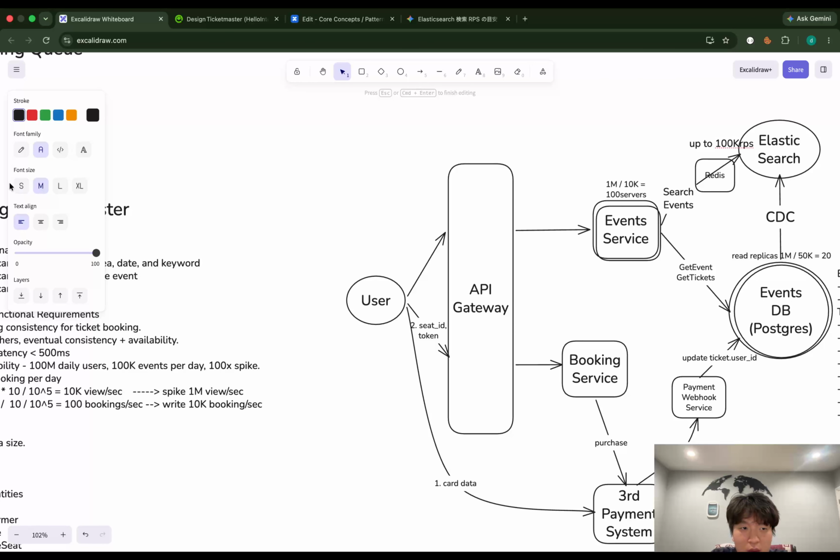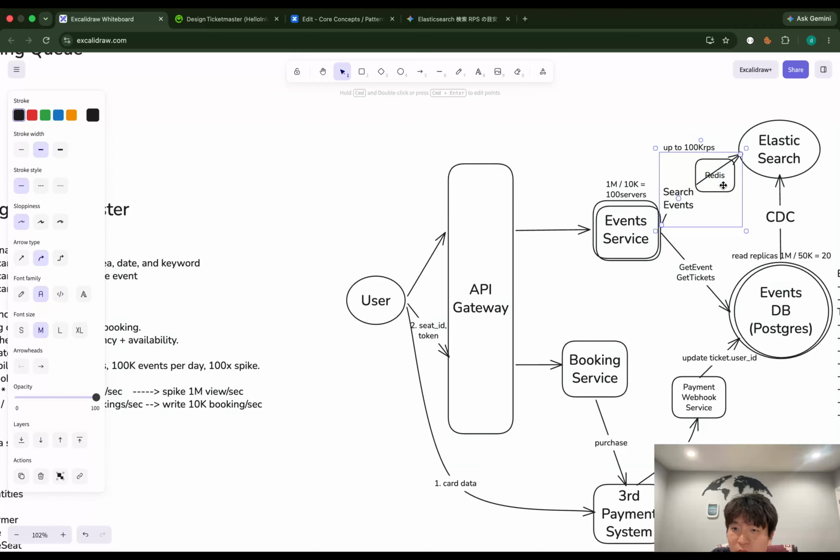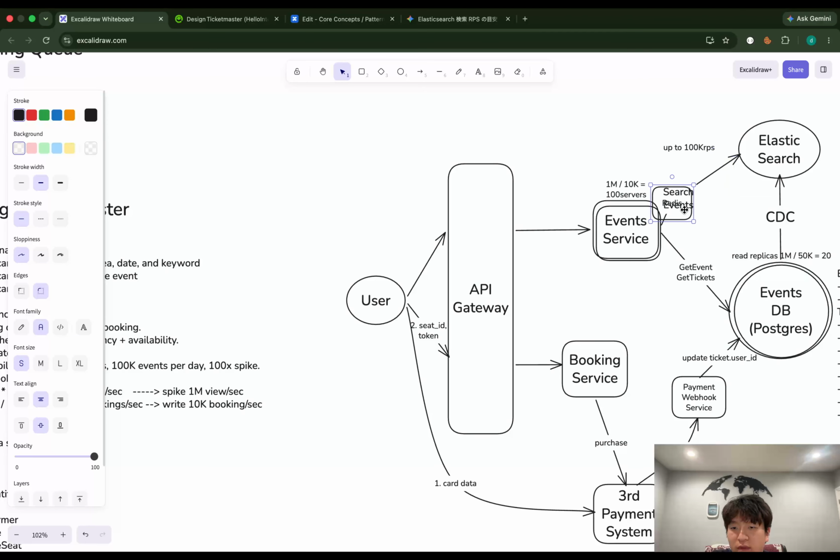So if we really need it, I can use a Redis cluster, but instead of that, what I would do is cache the data inside the event service, maybe an in-memory cache, or maybe we boot up Redis inside the event service.